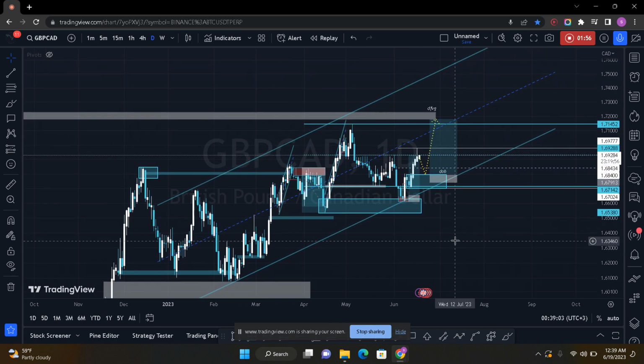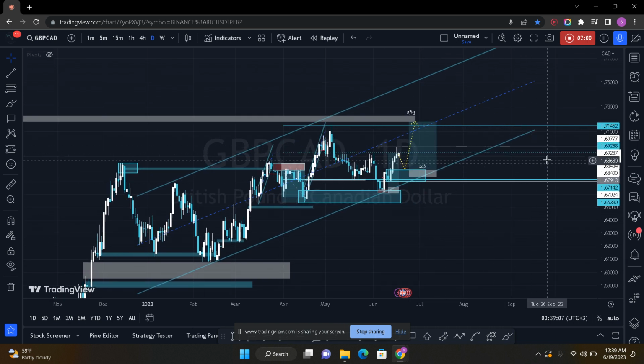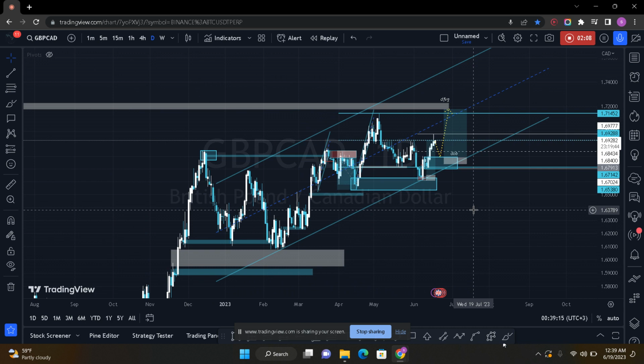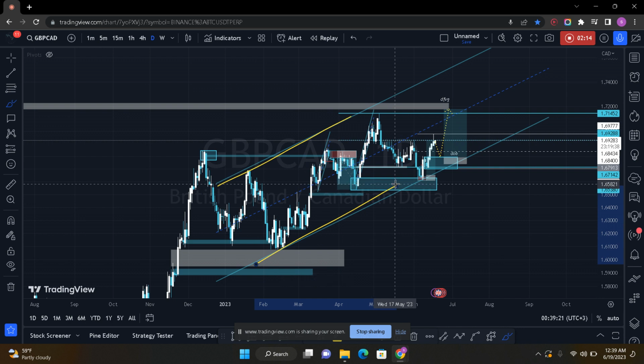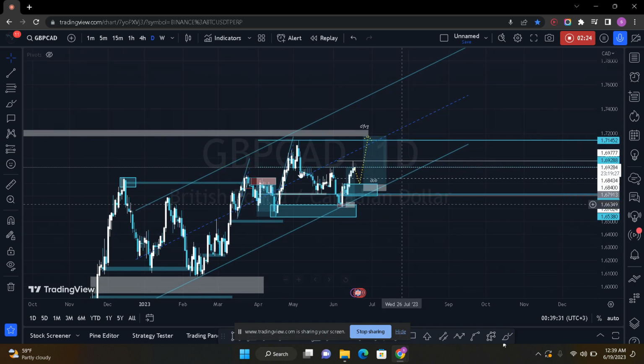However, keep in mind the blue levels are the monthly, the horizontal ones right here, and the white ones are the weekly. From here, we see that the price has been trending up since February of 2023. That's why I placed this parallel rising channel.